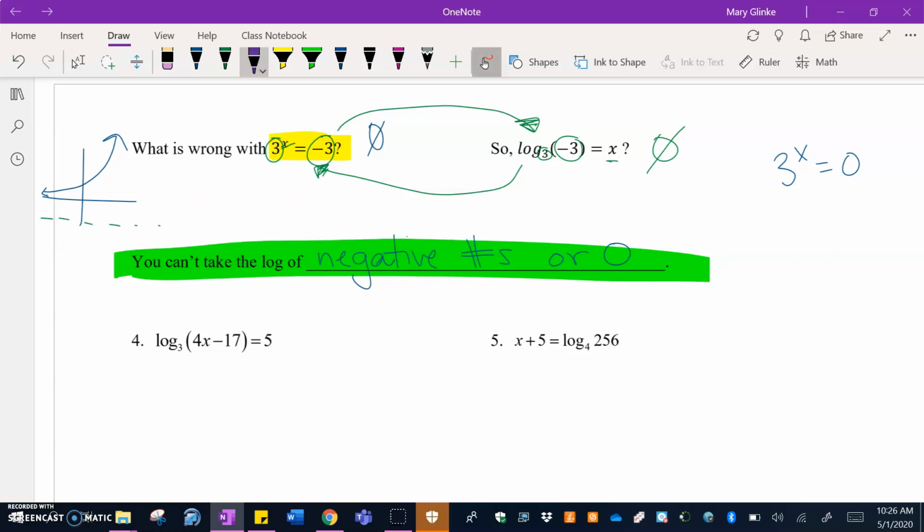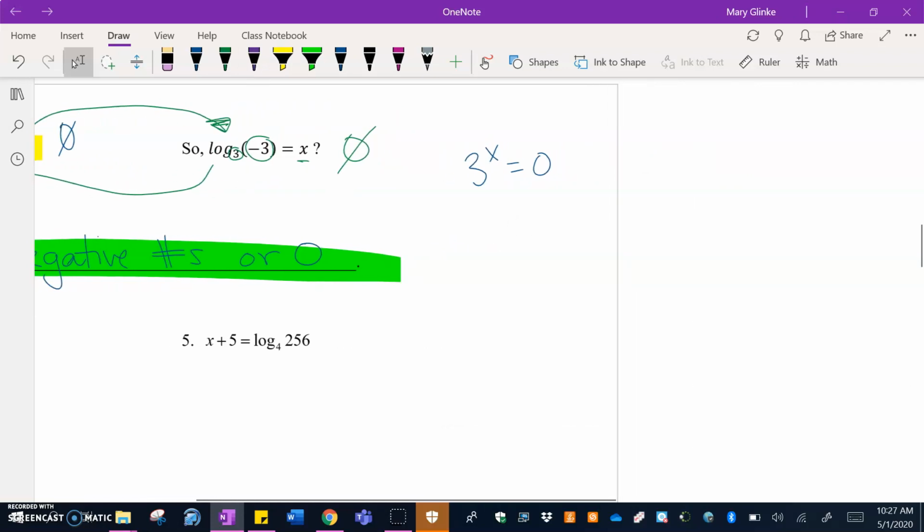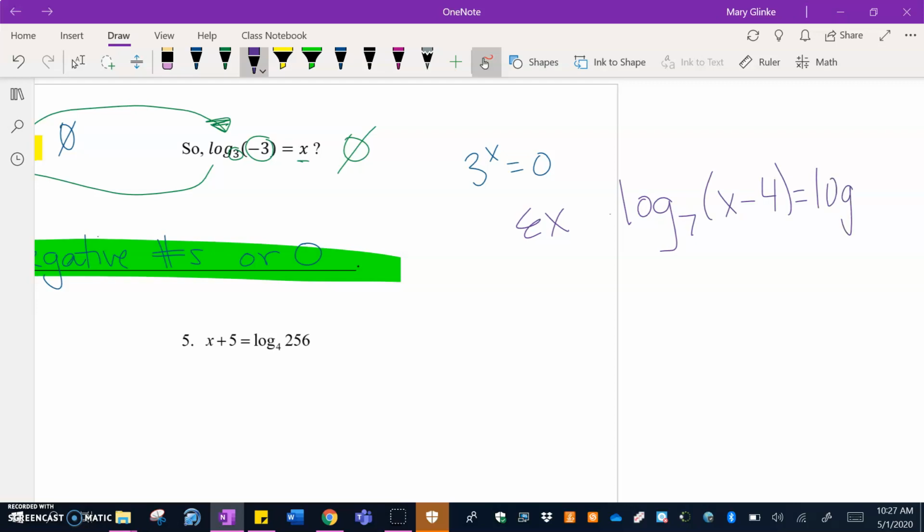So for example, let's go ahead and add a quick example over here. Let's do log base 7 of x minus 4 equals log base 7 of 2x plus 2. Okay, so for this one, our base here is 7.